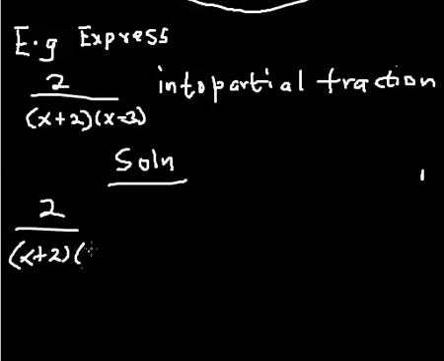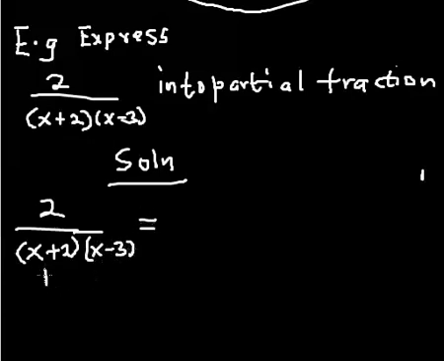You know very well that splitting this fraction into partial fractions is going to give me two fractions, in which the denominator of one fraction is x plus 2, and the denominator of the other fraction is x minus 3. So I know the denominators, but what I don't know is what the numerators are.